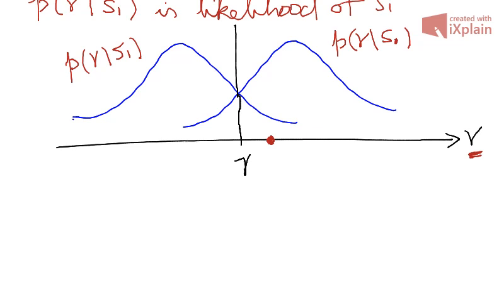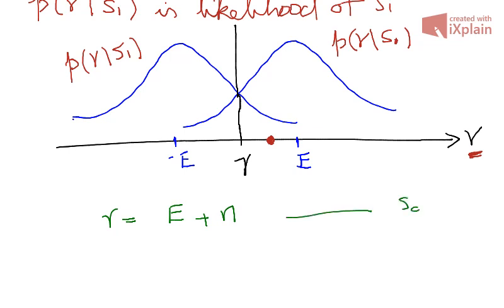Now let me recall, our mean values are here. This is E, the mean, and this is minus E. As we have seen, R is equal to E plus N when S0 is transmitted.